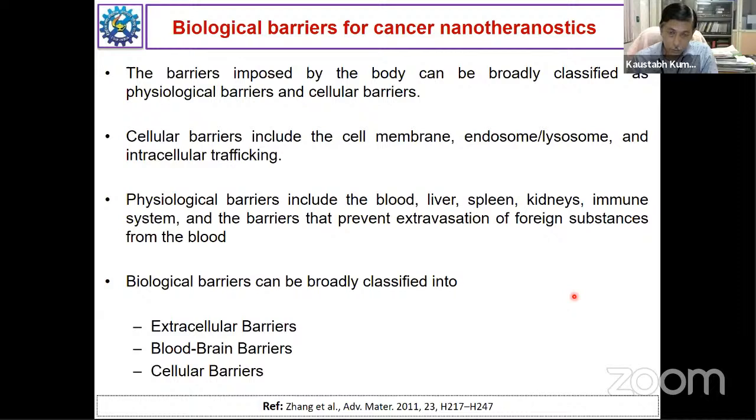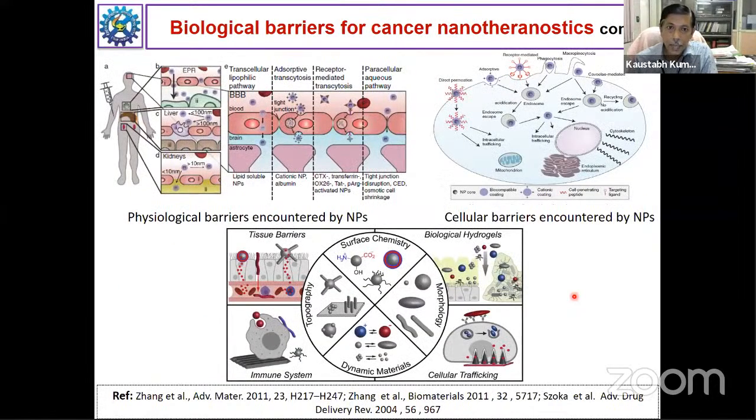So when building a nano construct and applying it in physiological systems, we have to overcome either cellular barriers or physiological barriers. Considering these two, we can call them biological barriers, and this slide gives another very good insight.